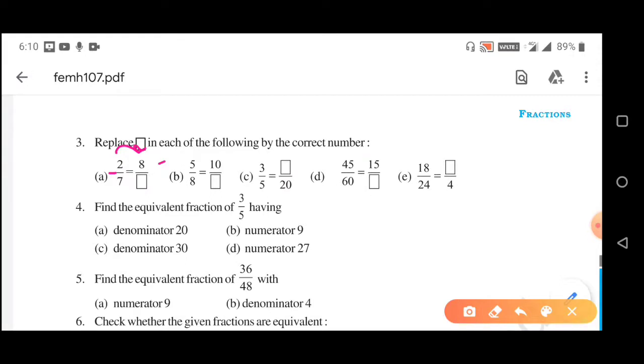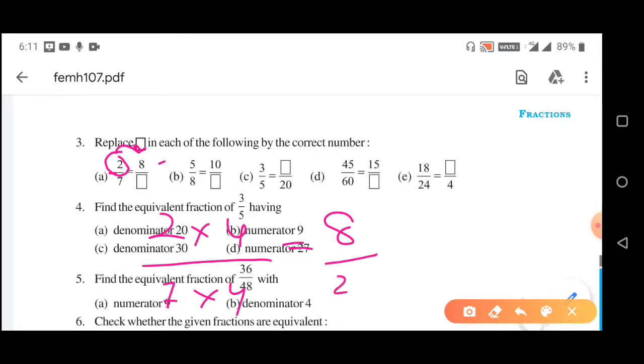Whenever we are getting a greater number, that means we have to multiply something with this 2. So how will we get 8 from 2? By multiplying 2 by 4. Now if we multiply 2 by 4, we have to multiply 7 by 4. So it will be 28. So the answer will be 28.